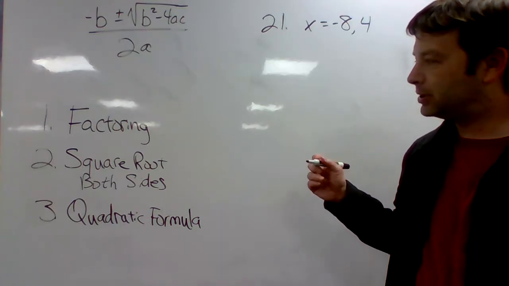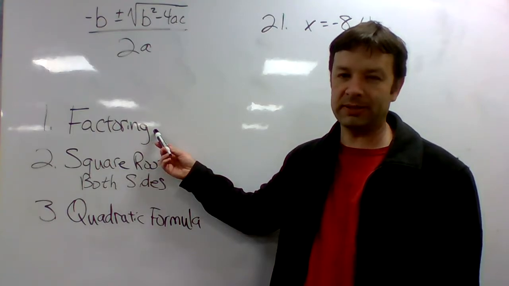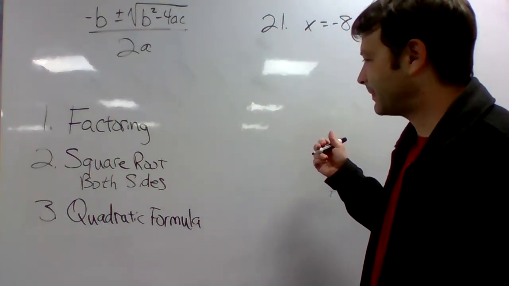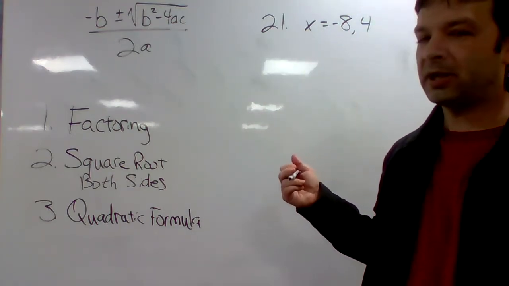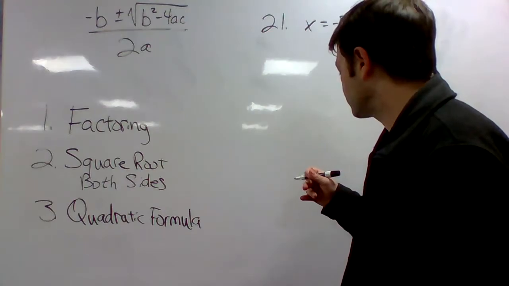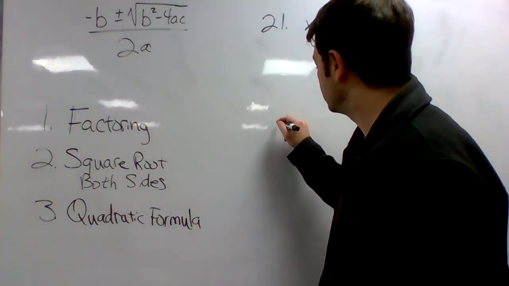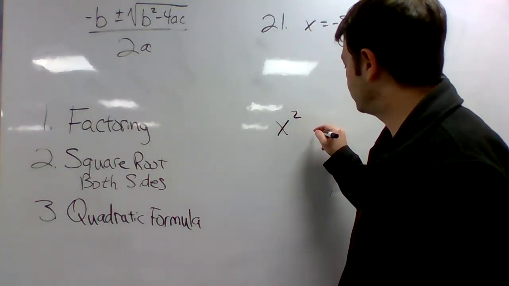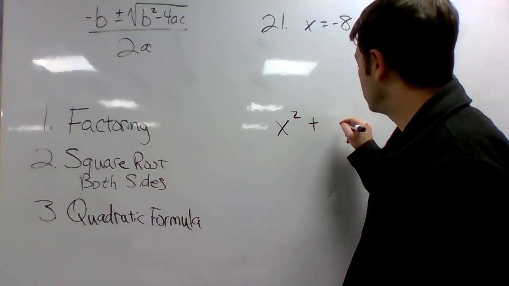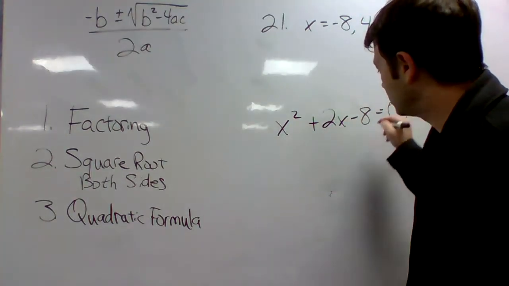So what we're going to do is reverse the process of the factoring method. I'm trying to think of how much I want to go into this here, but let's do a real quick example. Let's do x squared plus 2x minus 8.